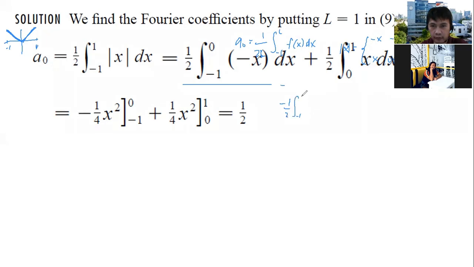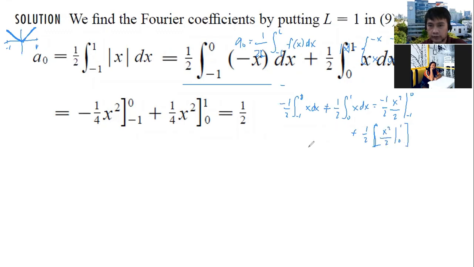So as if we're evaluating negative 1 to 0, x dx. Okay, so this will give us, direction natin, plus 1 half, 0 to 1 x dx. So negative 1 half, this is x squared over 2, no? Diba? Evaluated from negative 1 to 0. Then plus 1 half, or bracket na lang to, x squared over 2 from 0 to 1. Okay? So upper limit minus the lower limit.